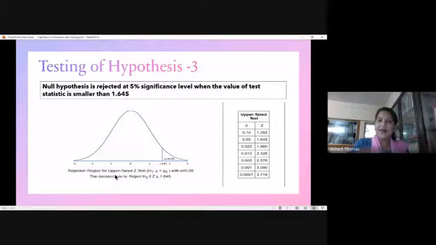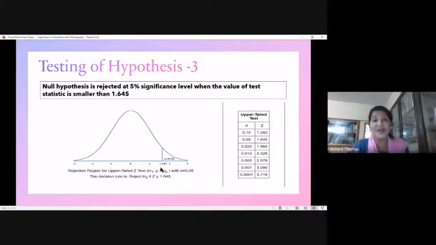And I say that at 5%, there is a chance of rejection when the value of the test statistic is larger than 1.645. So the possibility anticipated here is that the mean can be more.